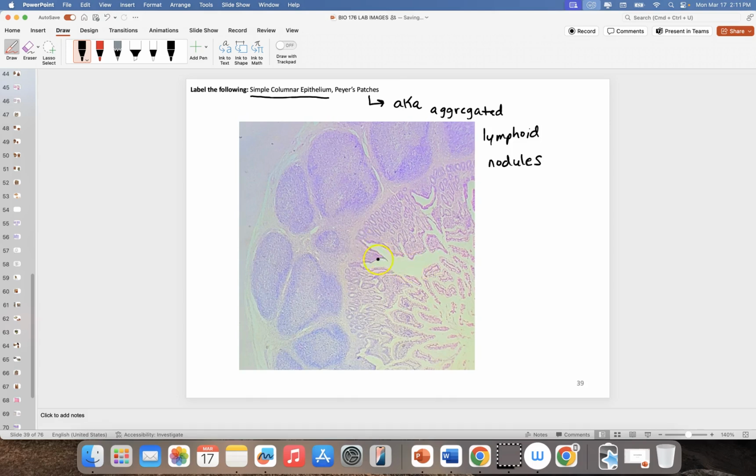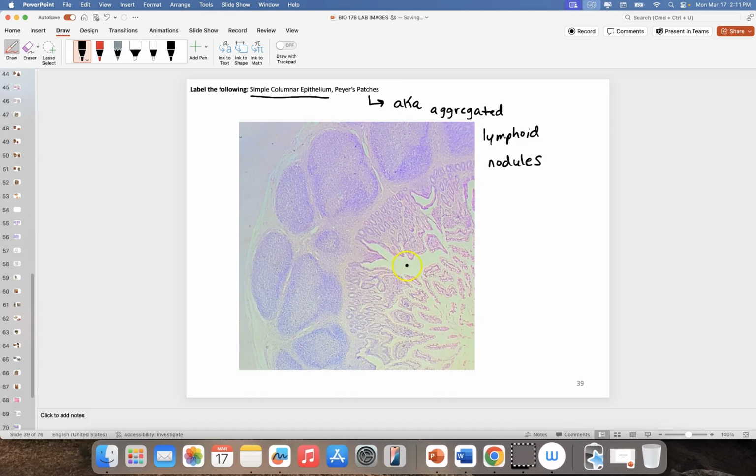Therefore, this tissue here that faces the space, here's again our space, this tissue facing the space is going to be our epithelial tissue. And you can see these finger-like projections. Those are the villi of the small intestine, and that's where that epithelial tissue is going to be found.